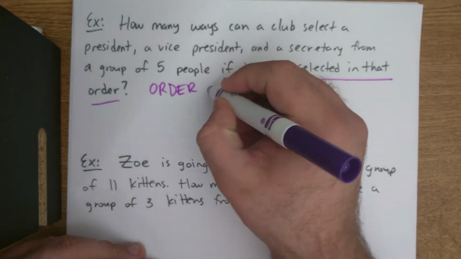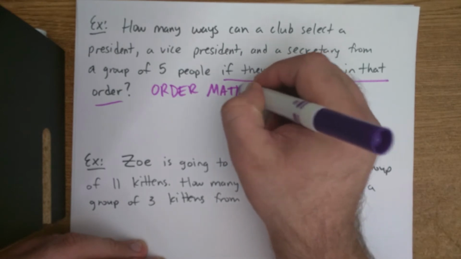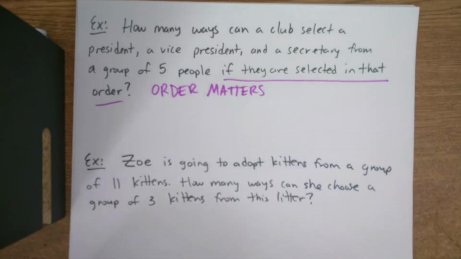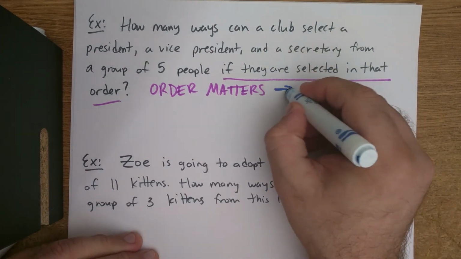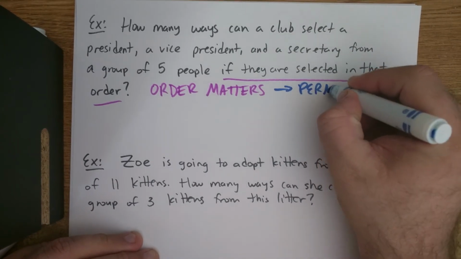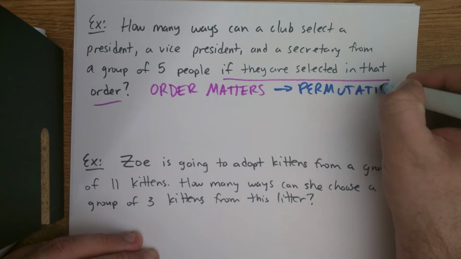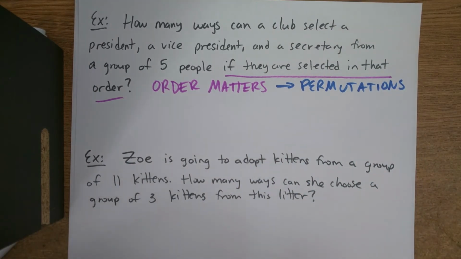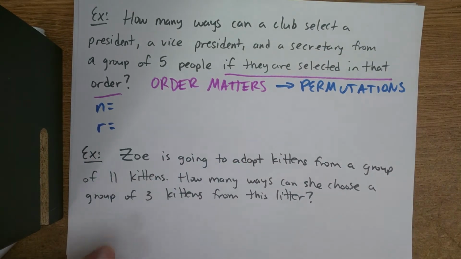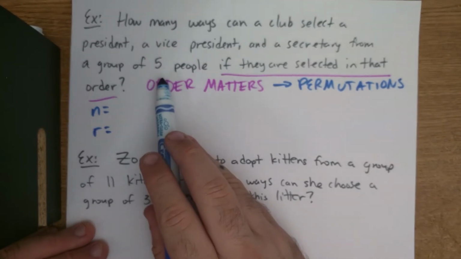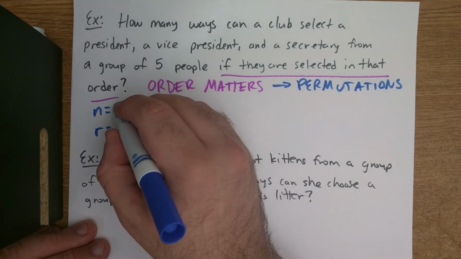Order absolutely matters in this problem. That means we're using permutations. Now, let's identify what is n and what is r. n is the total number of things you're choosing from. In this case, you're choosing from 5 people. So n is equal to 5.